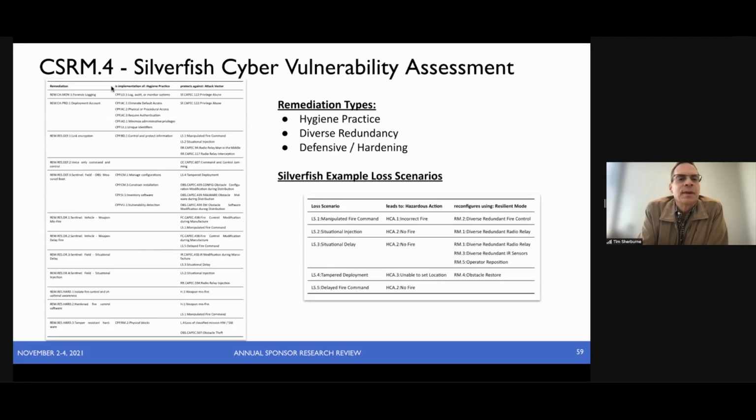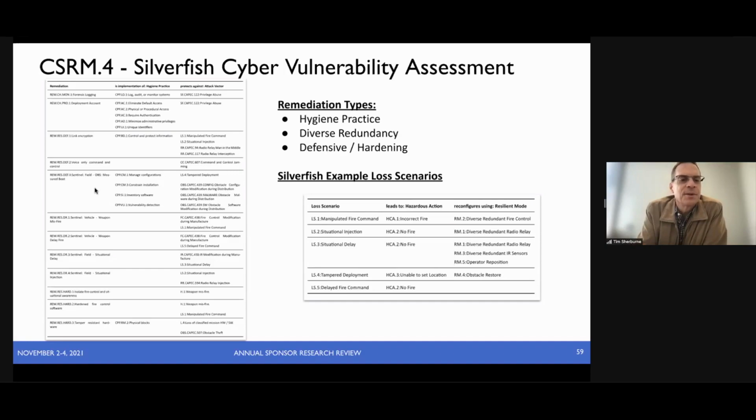We have these hygiene practices as a set of checklists within the model, and this notes which remediations were decided to be implemented for Silverfish, which made sense for this type of system.